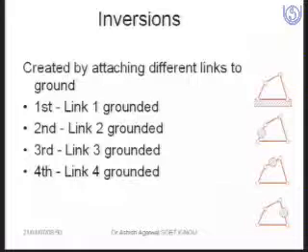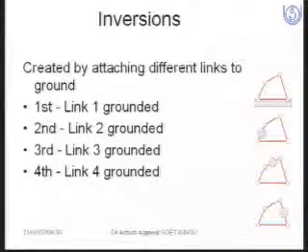For example, if you fix link 1 or link 2 or link 3 or link 4, then you get a different type of mechanism, that is called the inversion of the basic mechanism.